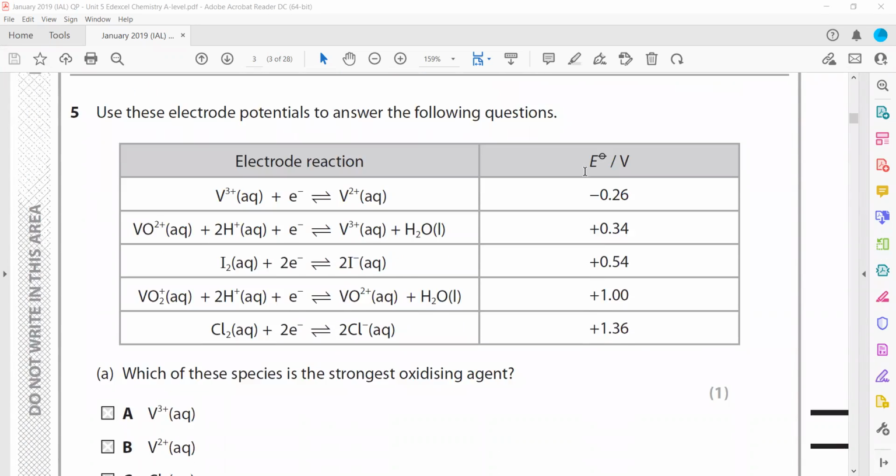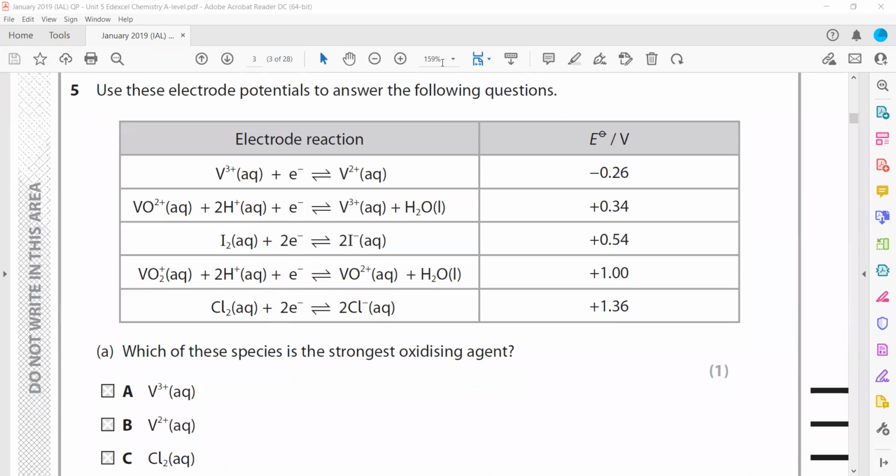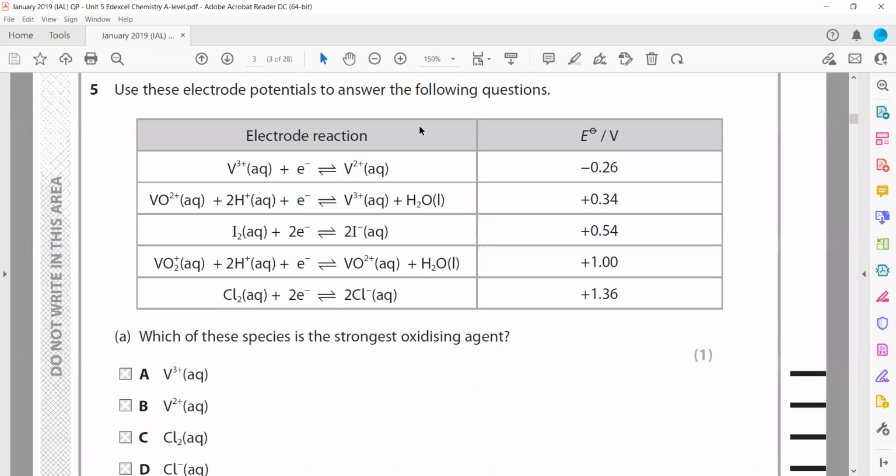Question 5. Use these electrode potentials to answer the following questions. Which of the species is the strongest oxidizing agent? An oxidizing agent helps in oxidation; itself, it is reduced. Reduction means gaining electrons.